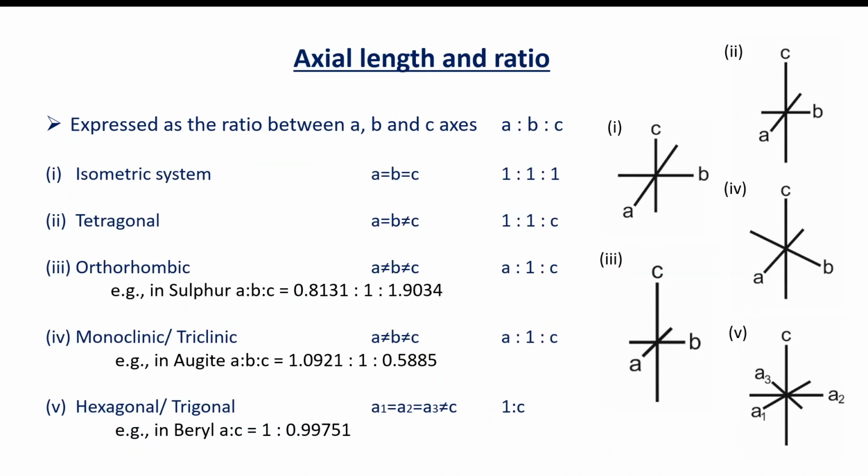Now, depending on the length of the axes and also the angles between the axes, crystals are subdivided or classified under different crystal systems. It is also expressed as the ratio between the A, B and C axes, like I was mentioning, the A axis, B axis and C axis in a three-dimensional reference frame.